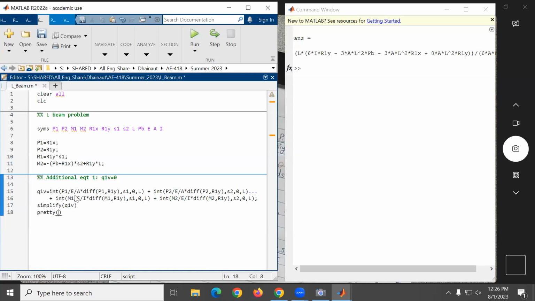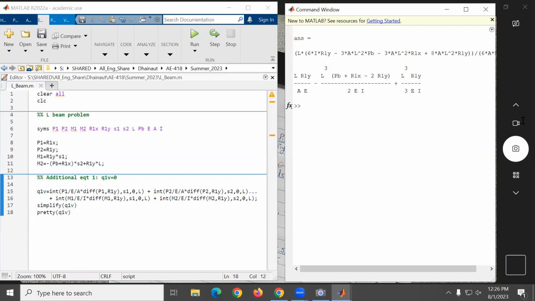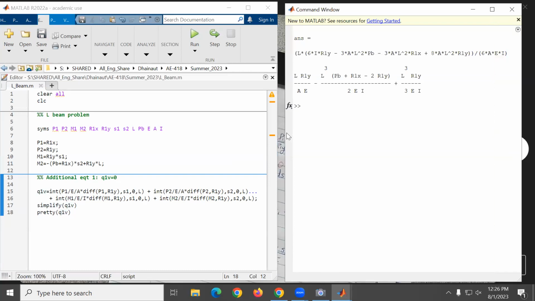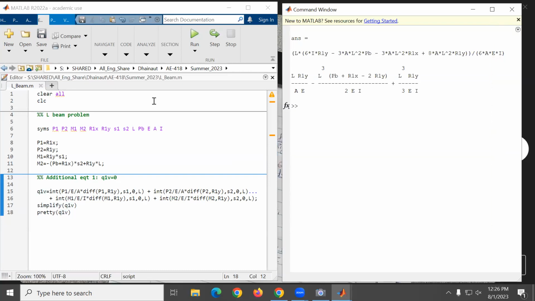Pretty. Q1D, but again, it's not that pretty anyway, because you put it on lines, but it's not bad. Also if you use Live Script, it actually makes it kind of nice. Ready? So can we go Live Script instead of that one now? Copy all that. That doesn't look that bad, okay?